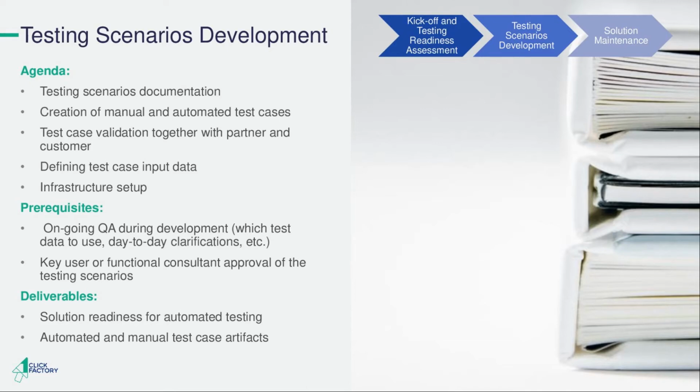And now under that, we'll actually deliver the business process library, definitions, and we'll deliver the test cases that are configured in DevOps. So these are the automated and manual test case artifacts that are required to make the automated testing successful.